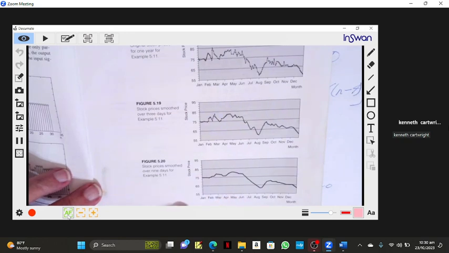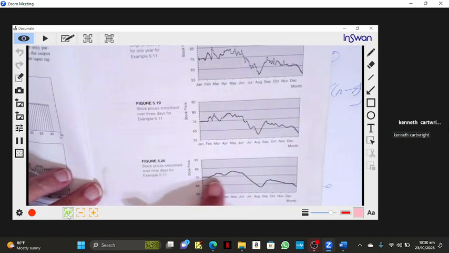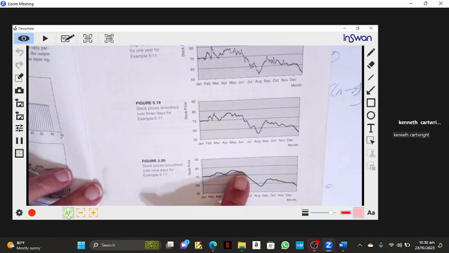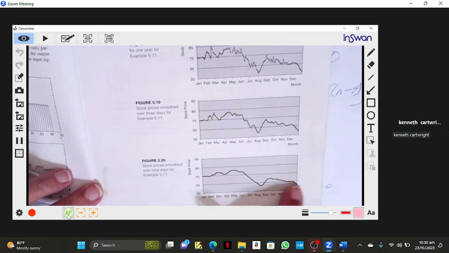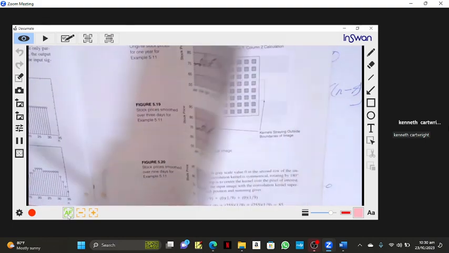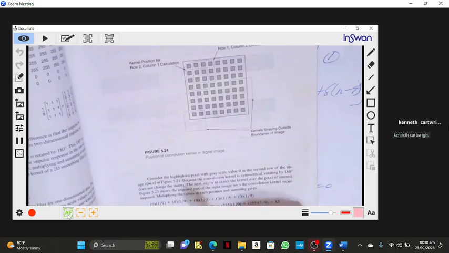You can clearly see it's steady for a while, going up very slightly, and suddenly there's a drop. And then there's recovery. And then there's another drop over a longer period of time. So this is what moving average filters do for you.